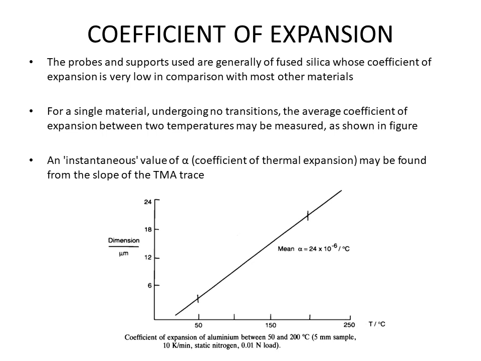And if we are interested in calculating the instantaneous coefficient of thermal expansion, meaning the coefficient at some given point, then we can also calculate that by calculating the slope from the TMA trace at that point.